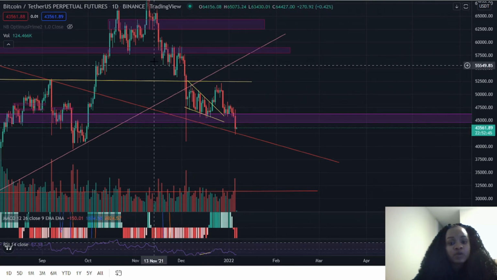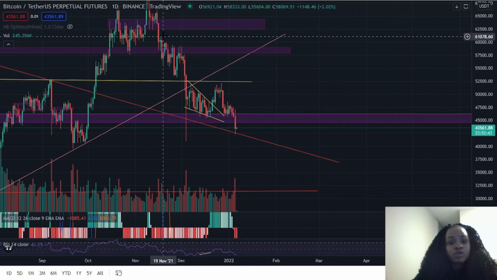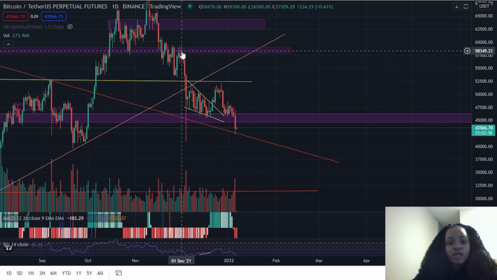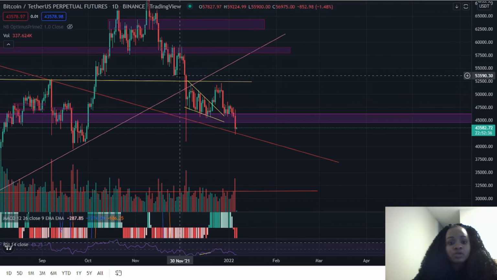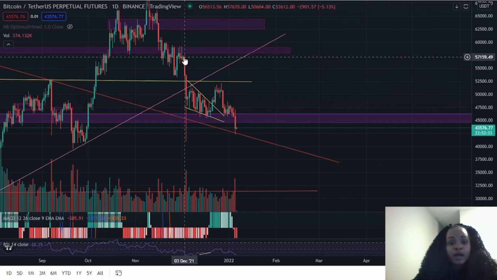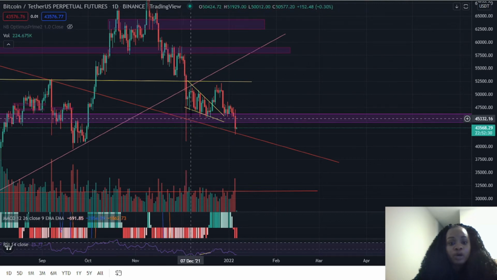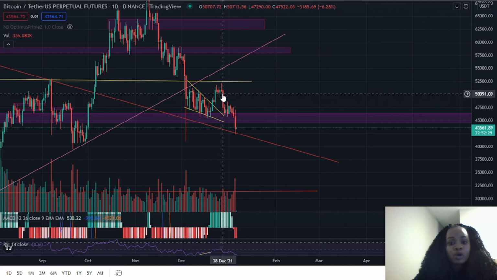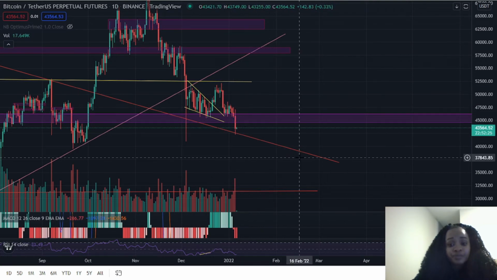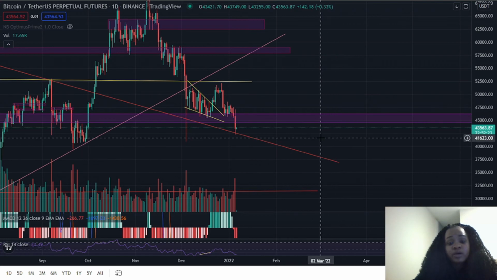Okay, that is a signal for a downtrend, and this is what we've been doing for the past days. We've just been creating lower highs. So you see here we went low, high, lower, high, lower, low, high, lower, low. Okay, so this pattern, if it continues like that, we are in a downtrend.